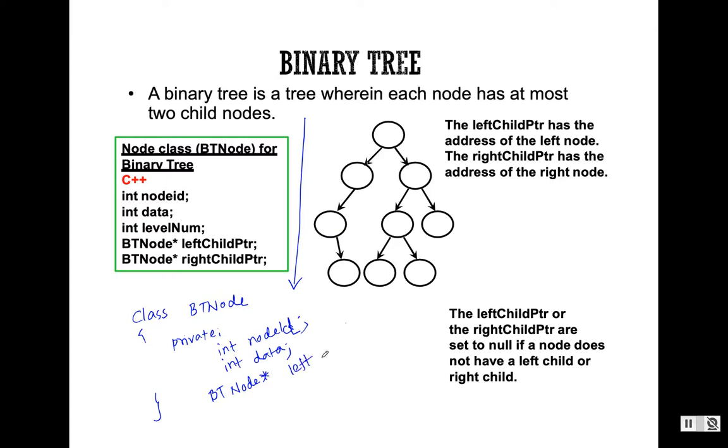For the tree we represent them as a left child pointer and a BTNode pointer of the same type for the right child. Another optional variable we can consider is a level number. This can help us to traverse the tree. It is optional, but one optional member variable we can store is the level number.